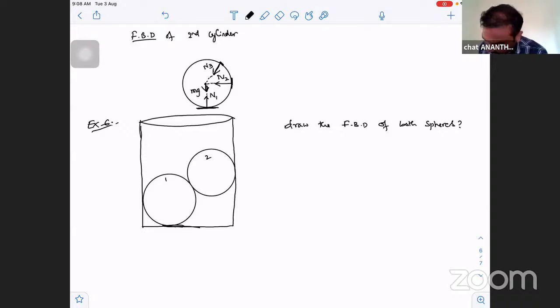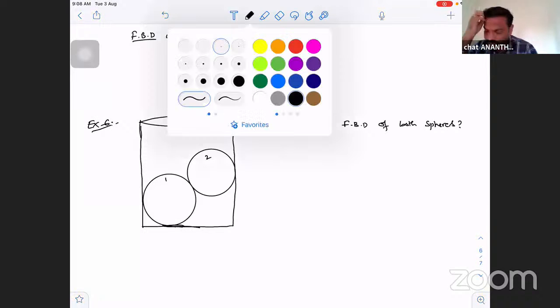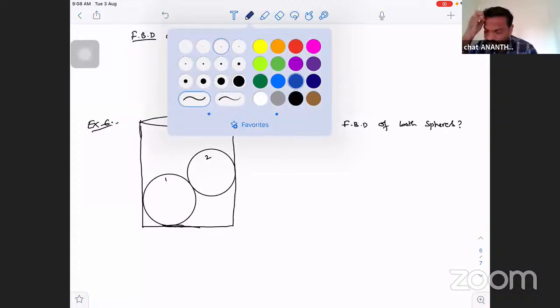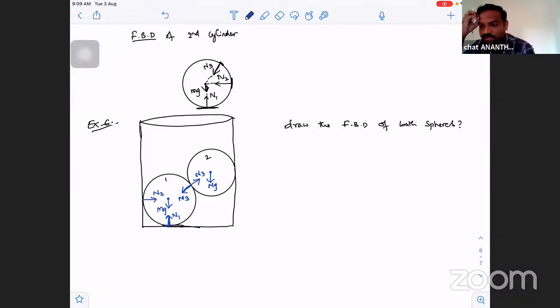So four. What is it? P1. Then N3 will act, because the second sphere is applying the force on the first sphere, N3. Then the first sphere also will apply the same force N3.